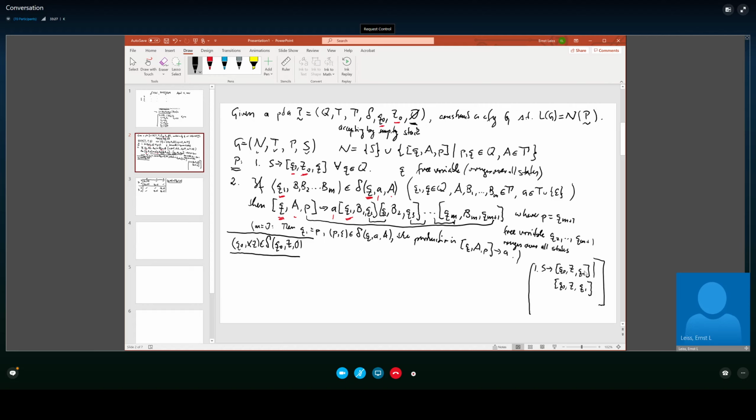There are two states, Q0 and Q1. This is the free variable. The other two components of that triple are, of course, fixed. Q0 stays, Z0 is the initial stack symbol, stays. This is Z in our case. And so that's the stuff we get according to rule 1.